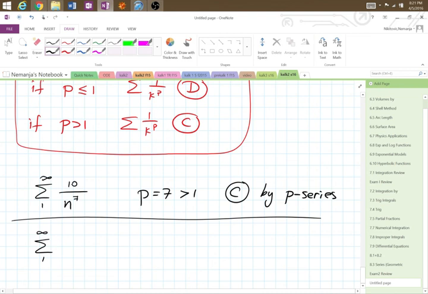This is a problem from the textbook. It says e to the negative k. Nope, sorry. Wrong one. 1 over k to the 3 halves. p equals 3 halves, which is larger than 1, so it converges by the P-series test.